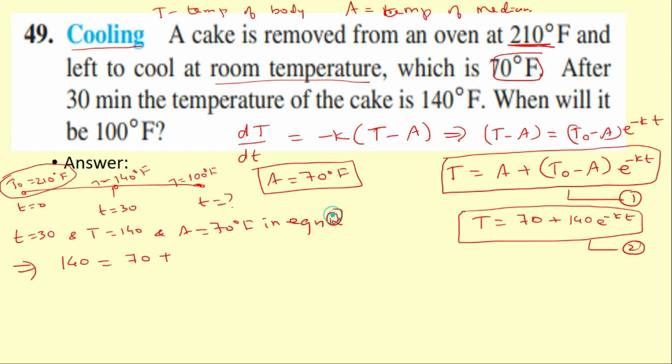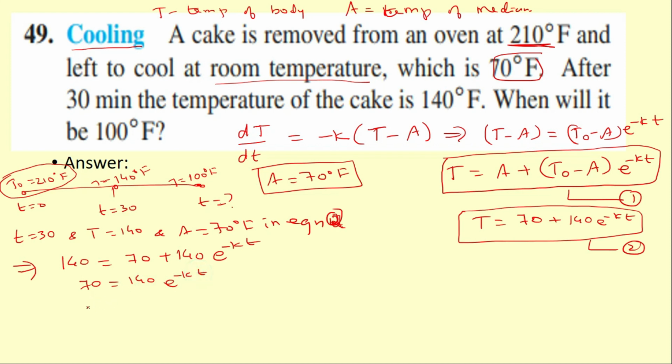Now let us use equation number 2. 140 is 70 plus 140 e raised to minus kt, from equation number 2, what we are getting. So 70 is subtracted on the left hand side, it is 70 and that is equal to 140 e power minus kt.